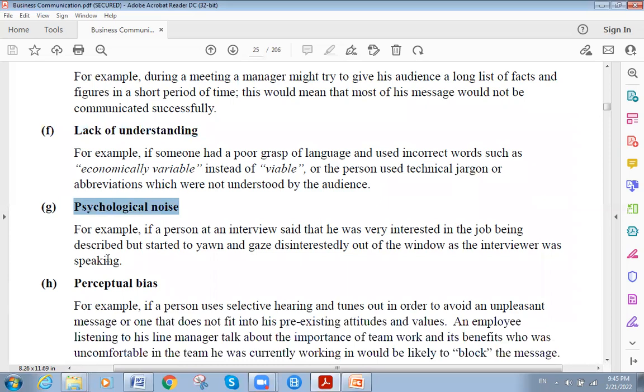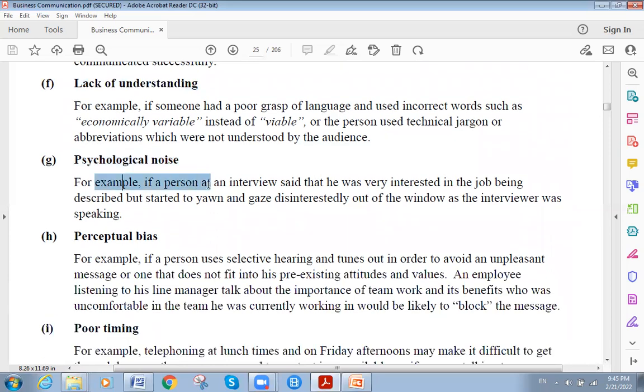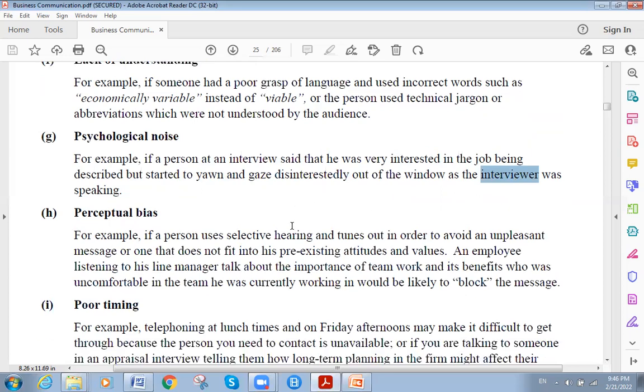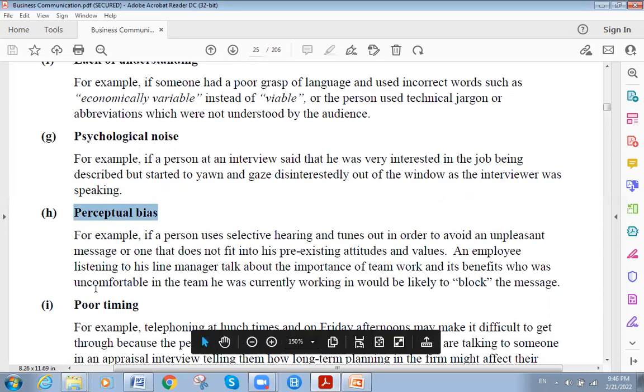Psychological noise. For example, a person at an interview said he was very interested in the job being described, but started to yawn and gaze out of the window as the interviewer was speaking. Also, perceptual bias.